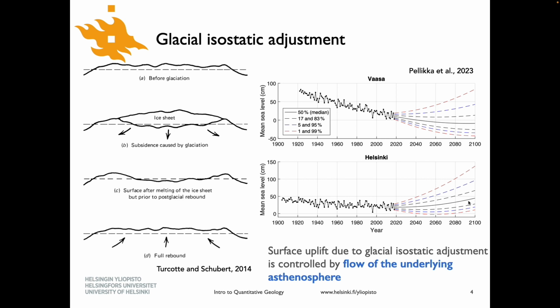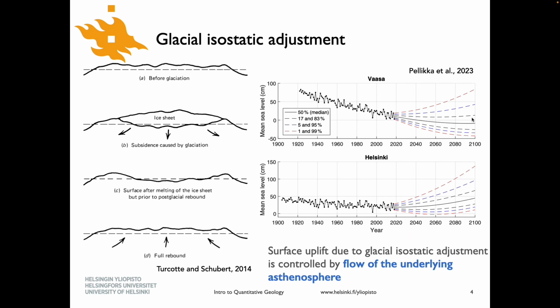Perhaps not by a substantial amount, but there'd be some sea level rise here. But in Vaasa, relative sea level would either be similar to what it is today or possibly even slightly lower, because the land surface is rising faster than the sea level rise due to melting of ice.